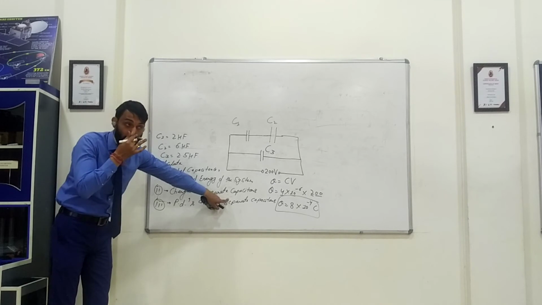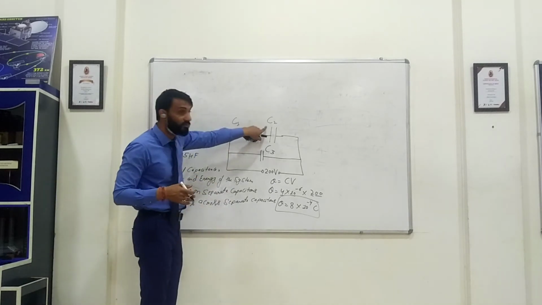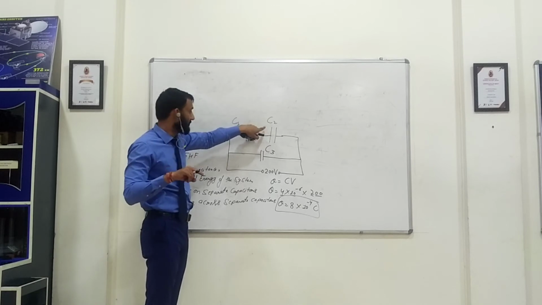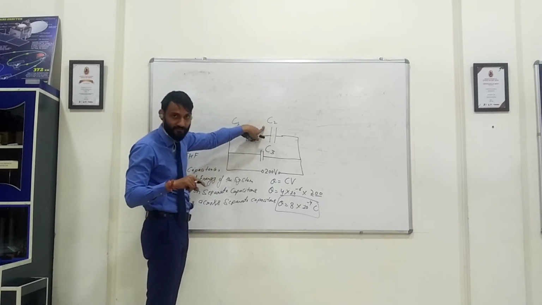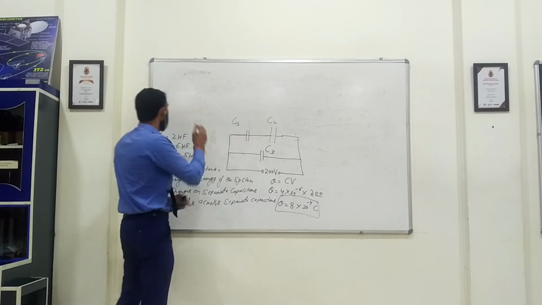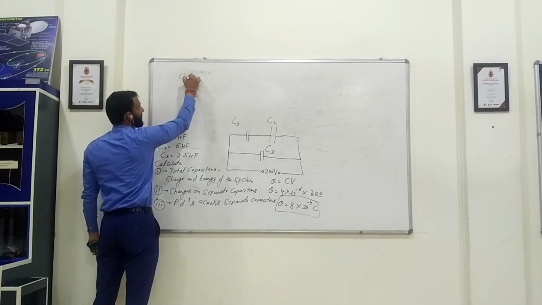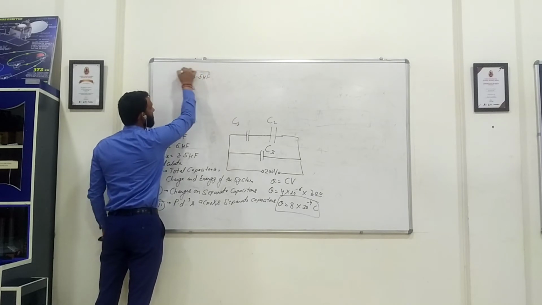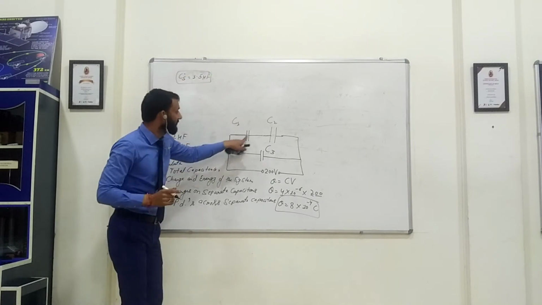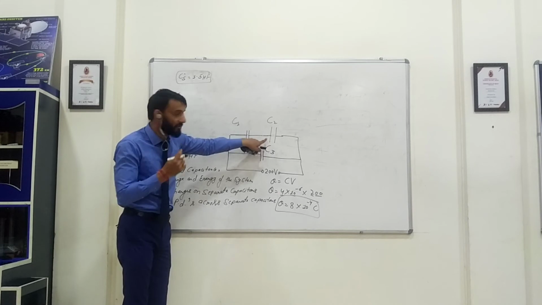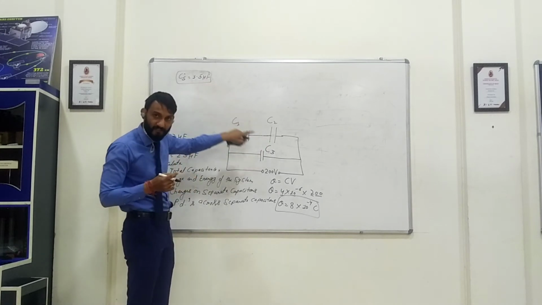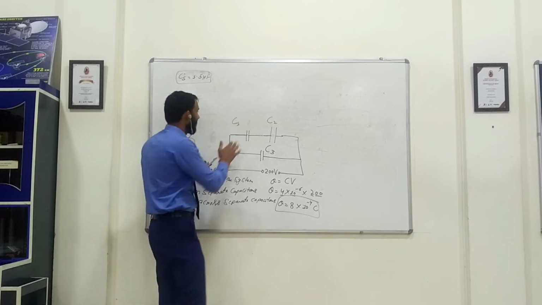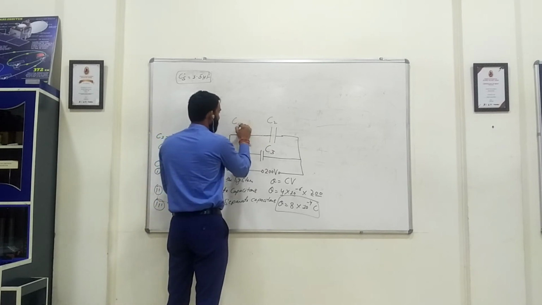And we know that the combination of these two when connected in series was coming to be 1.5. So my combination of CS was 1.5 microfarad. It means these two when connected in series, their combination was this. And after connecting these two in series, we were getting CS only.